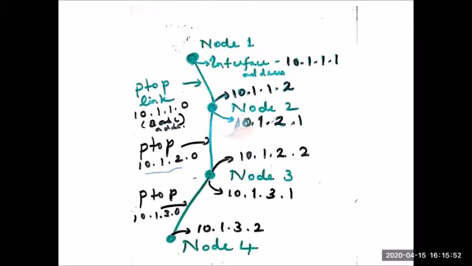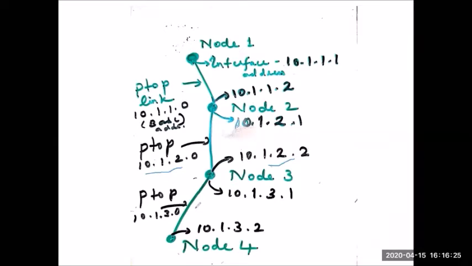And the second interface, which is there in node 3, will get the second address, 10.1.2.2. Remember, again the first 3 bytes of the base address are retained. There is a change only in the last byte, or the least significant byte, of the address.